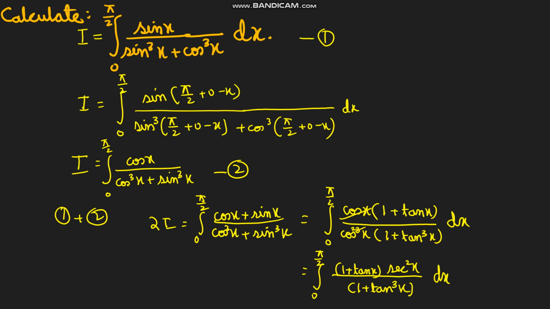Now I'm moving on to our next page and writing the same thing again: 2I equals the integral from 0 to pi by 2 of 1 plus tan x, sec square x, divided by 1 plus tan cube x.